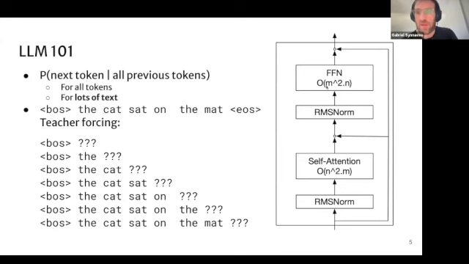So let's say it goes from m to 4m. Then you have a nonlinearity, which for instance in Llama is a SwiGLU, in a bunch of other models is a GELU or a ReLU. And then you have another layer that goes from 4m to m, so that the output size of the FFN matches the input size of the self-attention at the next layer. So that's where most of the weights are.